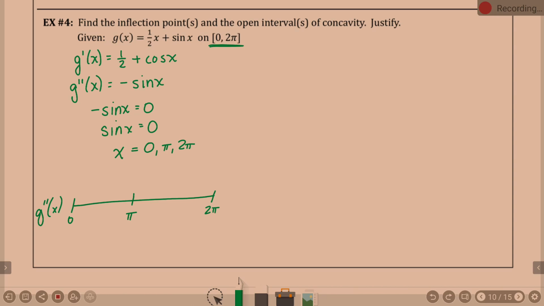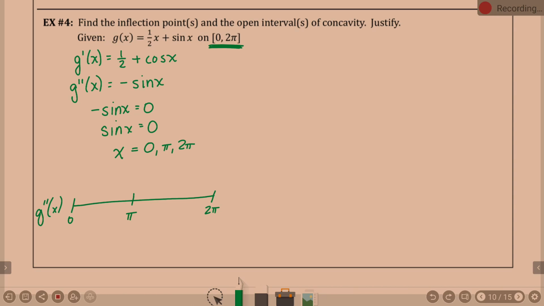Do I need to look past 0 and 2 pi? Normally we would, right? But I don't need to in this scenario because we're on that closed interval. And with trig functions, they're always going to give you an interval to work with. Well, the majority of the time, they're going to give you an interval to work with, okay? So we only need to look in those two segments. Does that make sense?